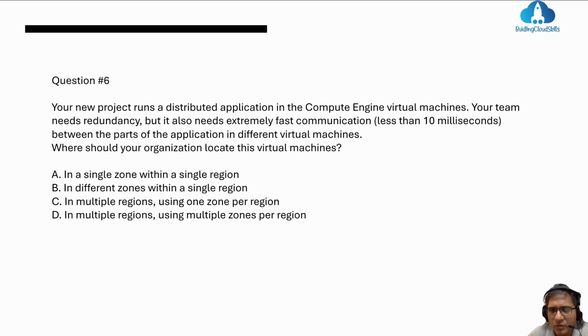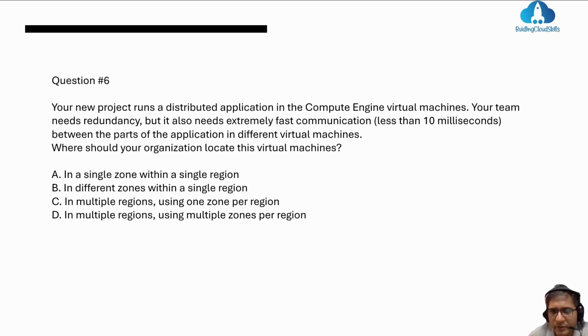In a single zone within a region, in different zones within a region, in multiple regions using one zone per region, or multiple regions using multiple zones per region. Now, sub 10 millisecond latency is offered inside the region across different zones.